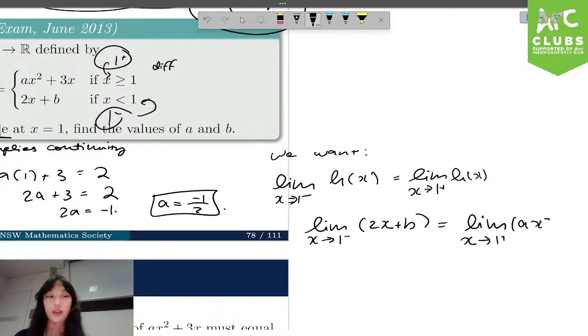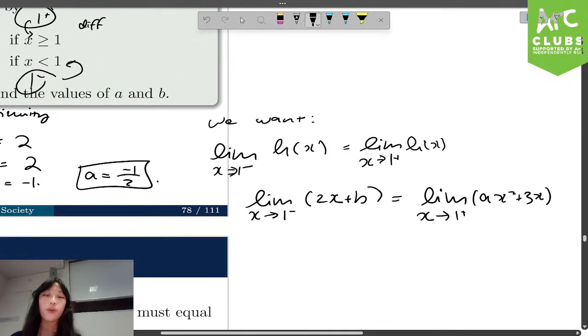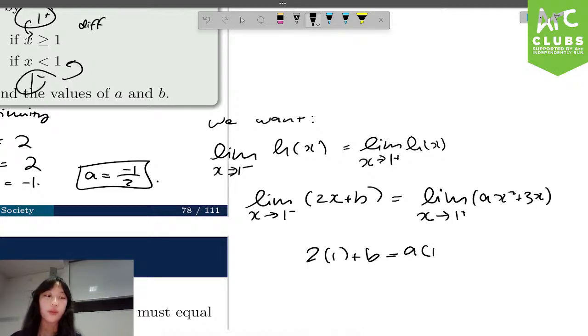So it's ax squared plus 3x. And I hope you'll agree with me that when we move the x values inside, we'll get 2 times 1 plus b is equal to a times 1 squared plus 3 times 1, which leaves us with b is equal to a plus 1.